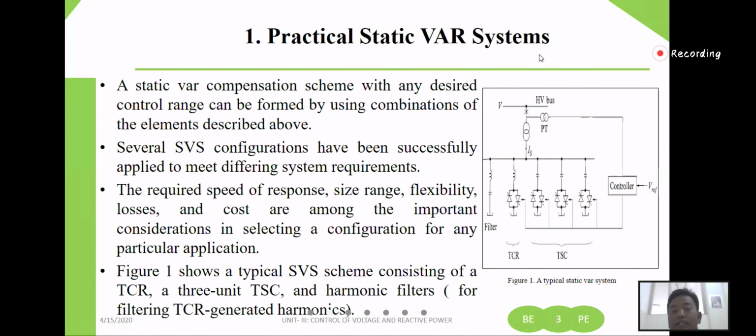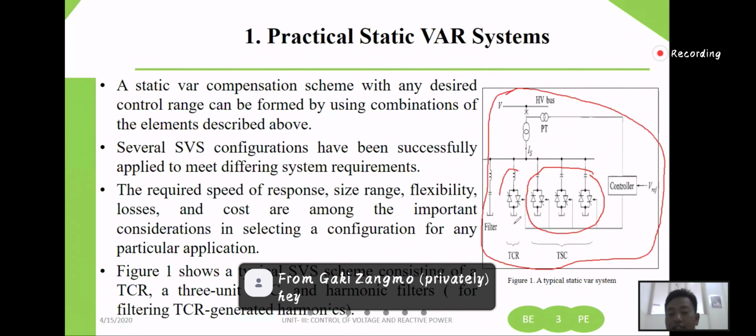How you will use this concept for compensating the line network losses. Now let's see a typical static VAR compensation system. This is a practical one, and in the practical one it has a combination of TSC as well as TCR.